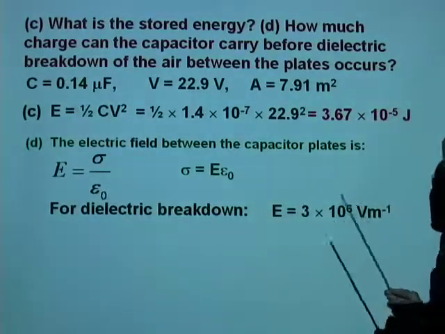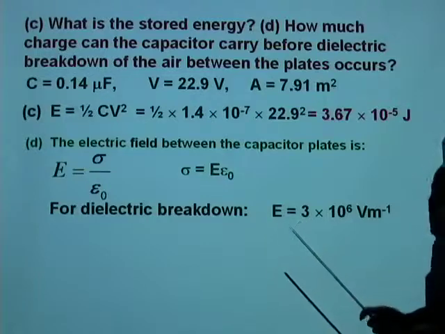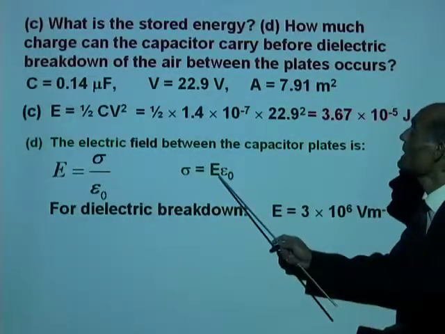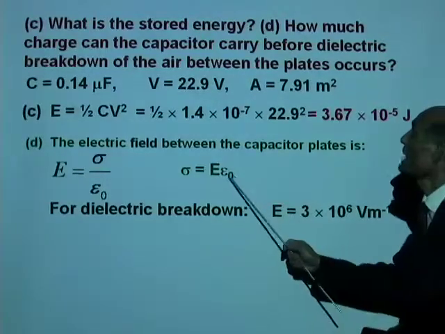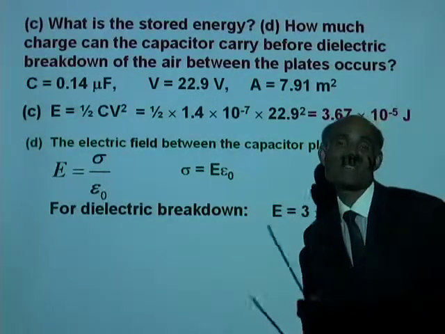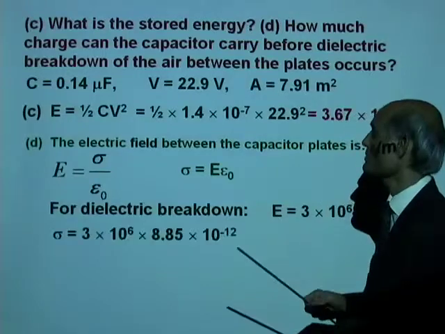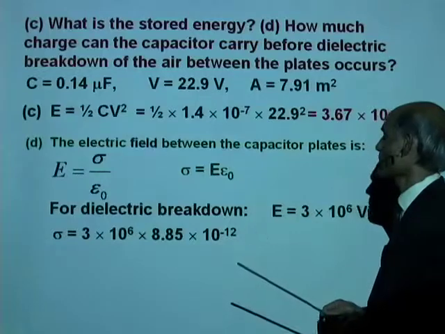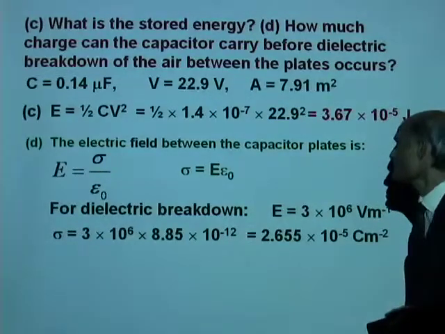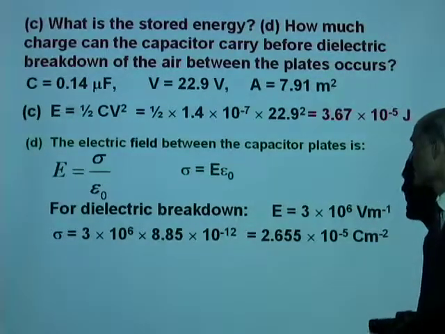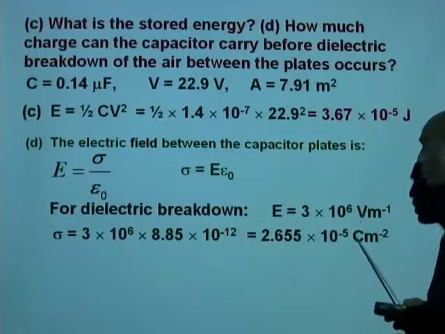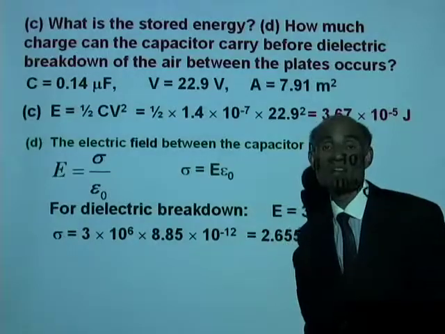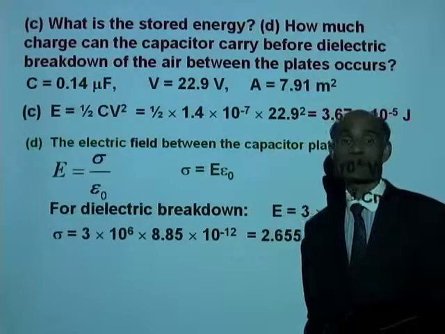E should be 3 times 10 to the 6 volts per meter. So sigma equal to E times epsilon naught, and epsilon naught is our friend now, so you know its value. That is 2.655 times 10 to the negative 5 coulombs per meter squared, the surface charge density.